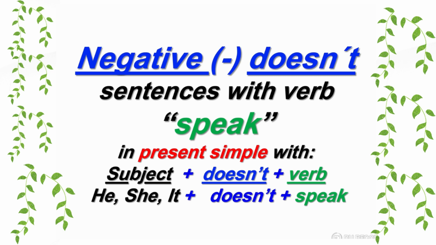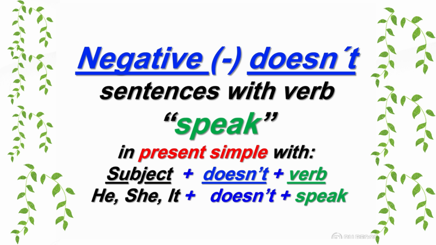Why? Because we have doesn't. So when we have doesn't, the verb doesn't take s with he, she, it. Students say, oh, the verb with he, she, it takes s, so why doesn't it take s here? Because there is the word doesn't. When we have the word doesn't, the negative form, the verb remains in the infinitive form without any s.